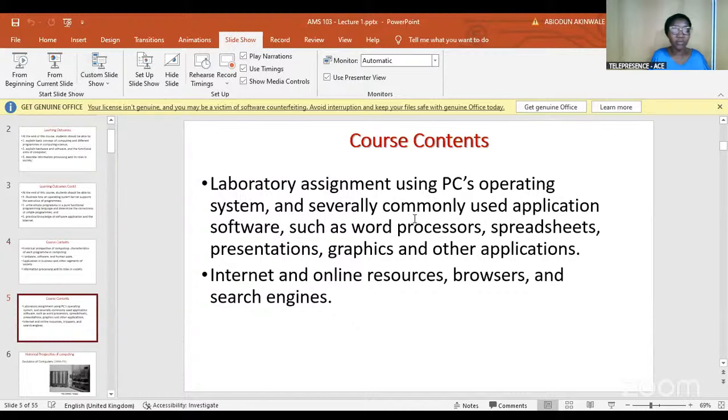So now we are moving to the historical perspective of computing.